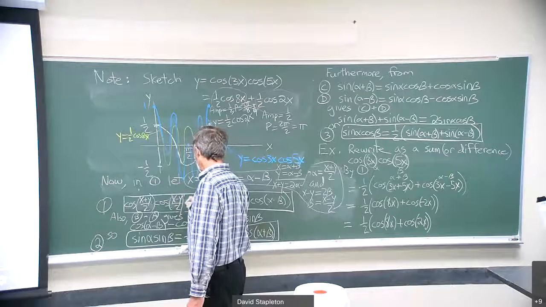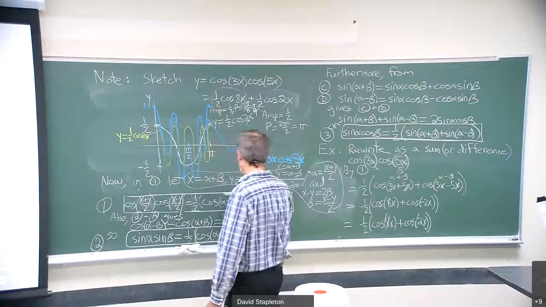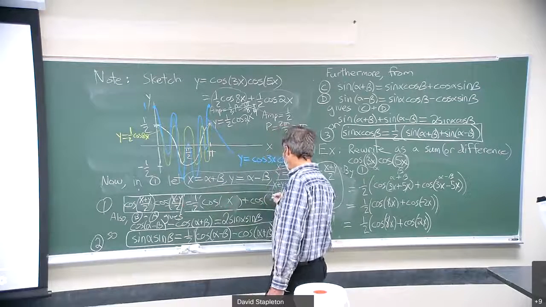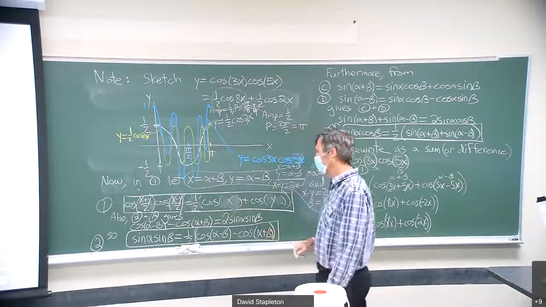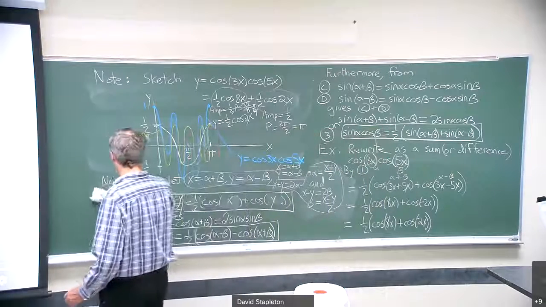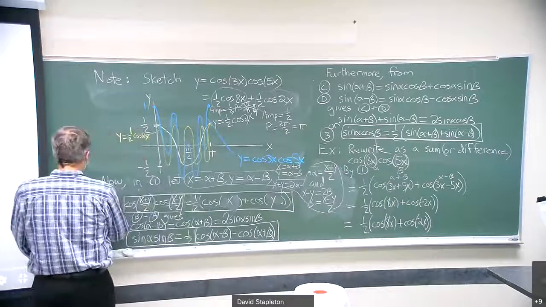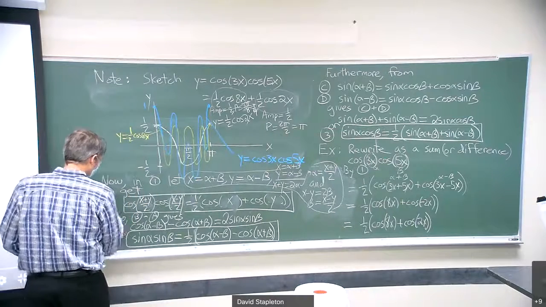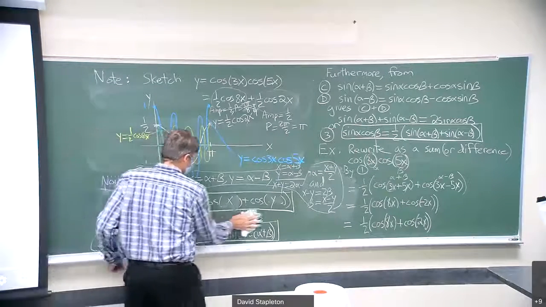And now that's supposed to be equal to 1/2. Alpha plus beta was x, and alpha minus beta was y. There it is. I'm going to switch sides. Not call this 1 anymore. All I did was substitute. You watch there, right? And now what happens?